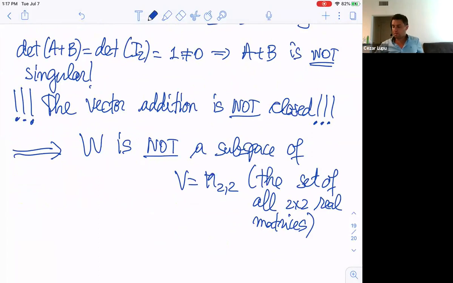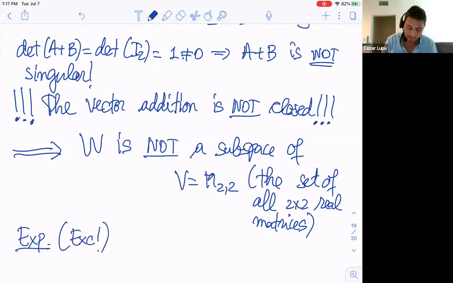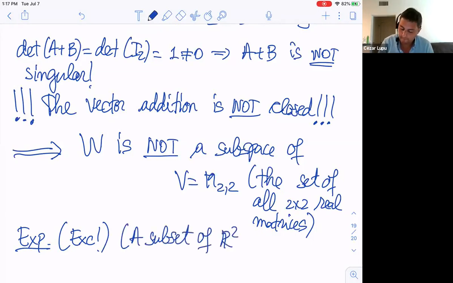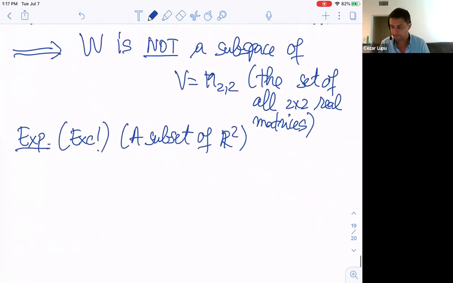Let me just mention another one, which is very simple, and I'll leave it to you as an exercise, why this is not a subspace. I will consider a subset of R2 that is not a subspace. Pay attention to this.